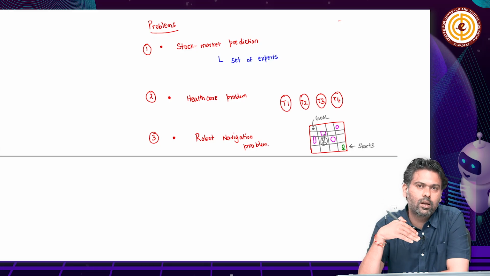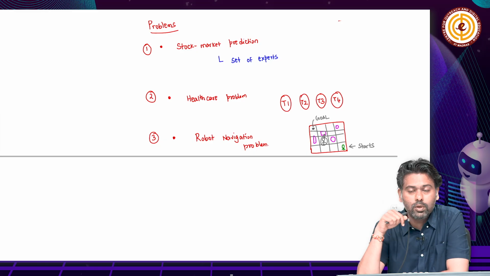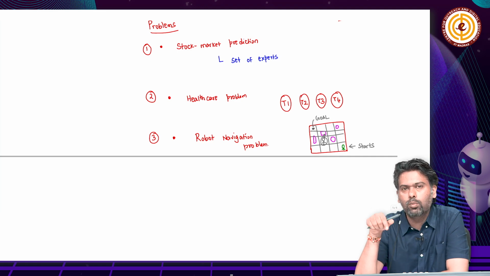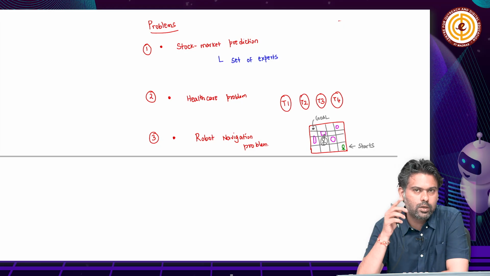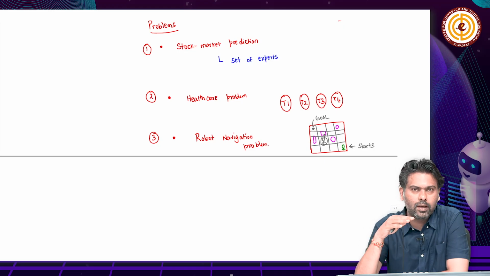So, it has to stay there. That is the feedback it gets, that moving forward is a bad idea, because you will hit an object placed there, because a priori the robot does not know where the objects are, right. So, before the game starts, the robot does not know where the objects are or anything about the layout of the room. It has to figure that out over time, right.